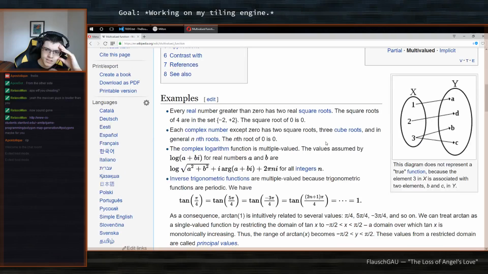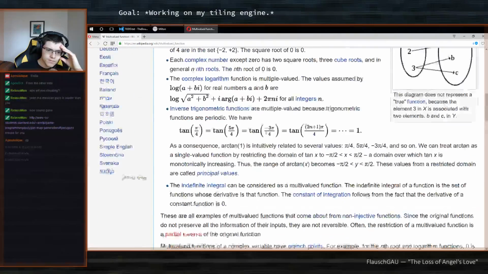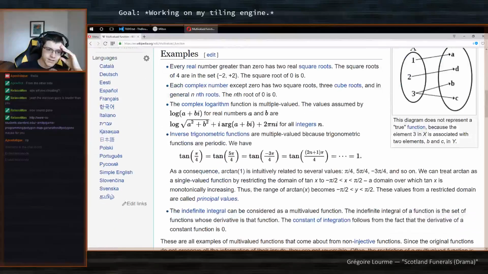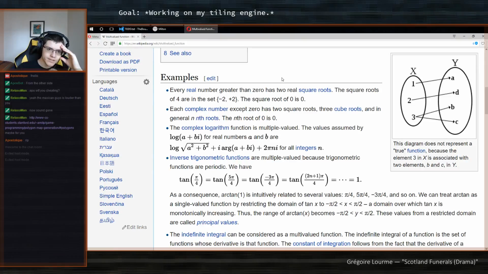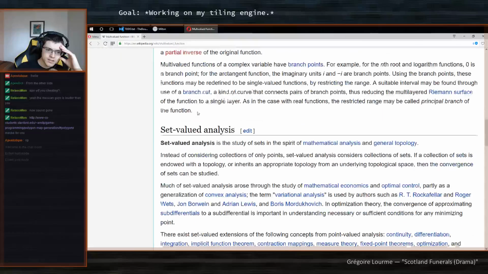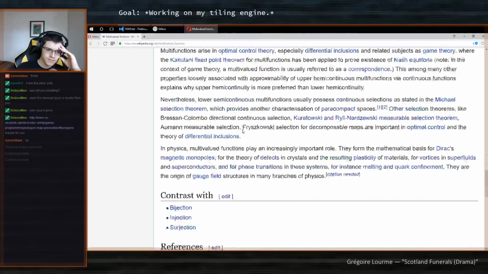Yeah, that's interesting. Well, obviously I already knew that this is a misnomer. I don't really care if it's a misnomer though. Interesting. That's not exactly what I'm looking for though.